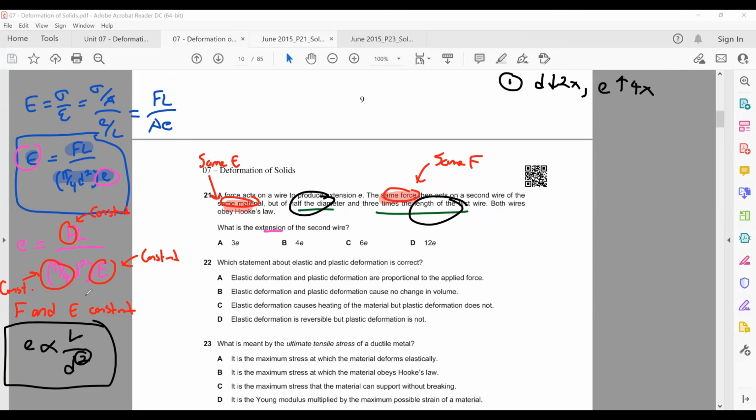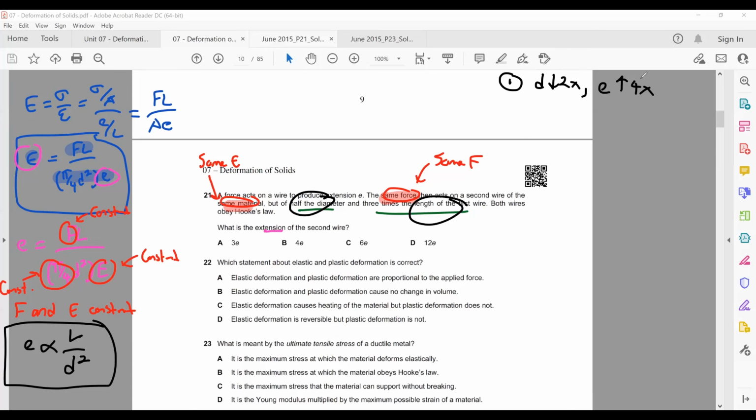If it changes by 2 times, it will change by 4 times. If it changes by 3 times, it will change by 9 times for the other corresponding variable. So since the D reduces by 2 times, the E will increase by 4 times. This is the effect of changing D itself.